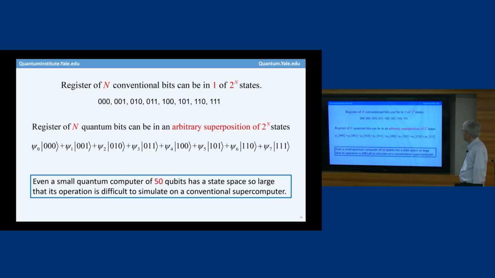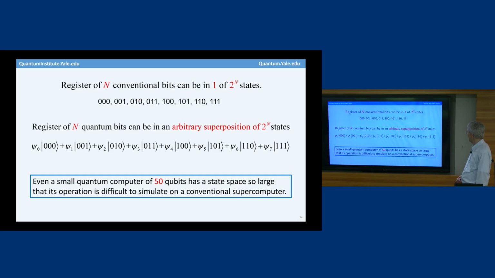And so if you want to represent the most general quantum state of even a small quantum computer with, say, 50 bits, the state space has 2 to the 50 basis vectors in it, and each one can have some arbitrary complex coefficient in front of it. 2 to the 53 is about a petabyte, 10 to the 15 bytes, which is pretty big.